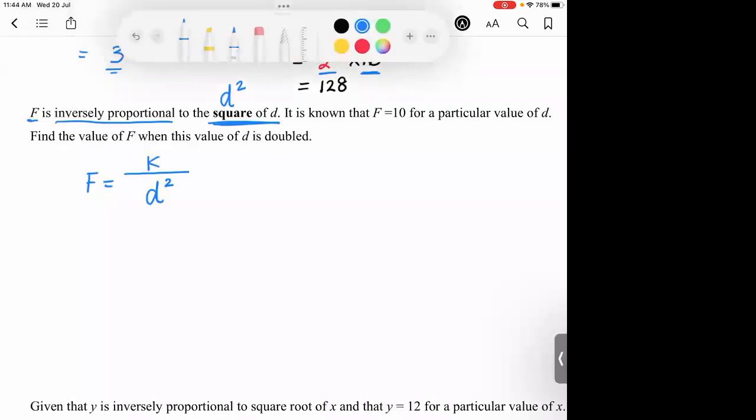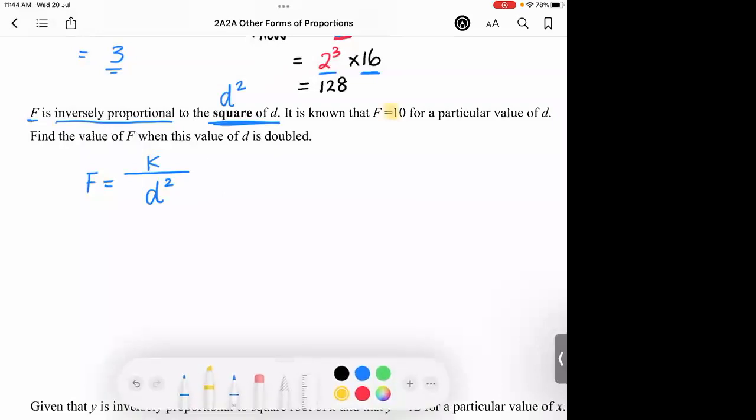They tell you F equals 10 for a particular value of D. I don't know what this value of D is, but they say find the value of F when this value of D is double. So D is double. What does double mean? Double of D will become how many D?